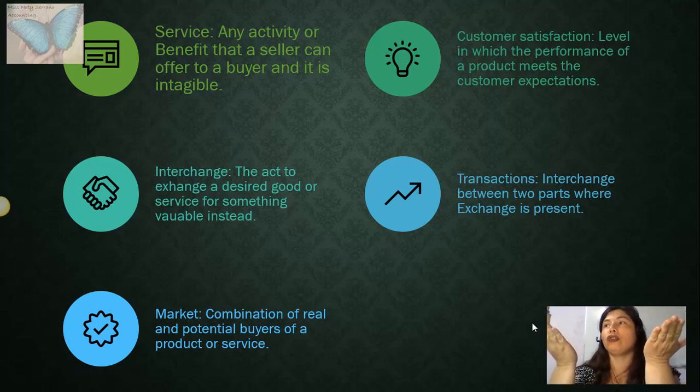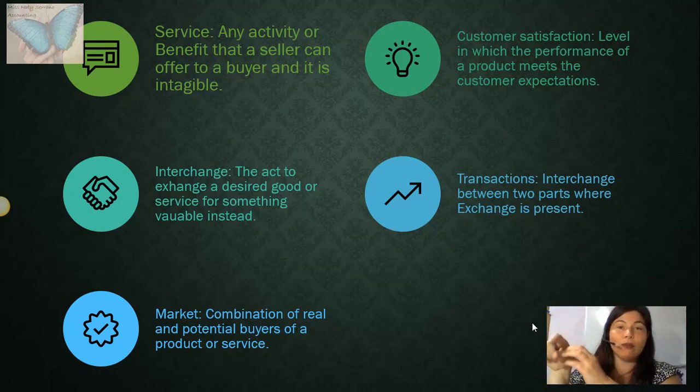So we could also reach out to them if they had an acquisition power, if they had the power to buy, or if we did something so they could reach out to them like a discount, then perhaps we have more buyers. Customer satisfaction, the level in which the performance of a product meets the customer's expectations.